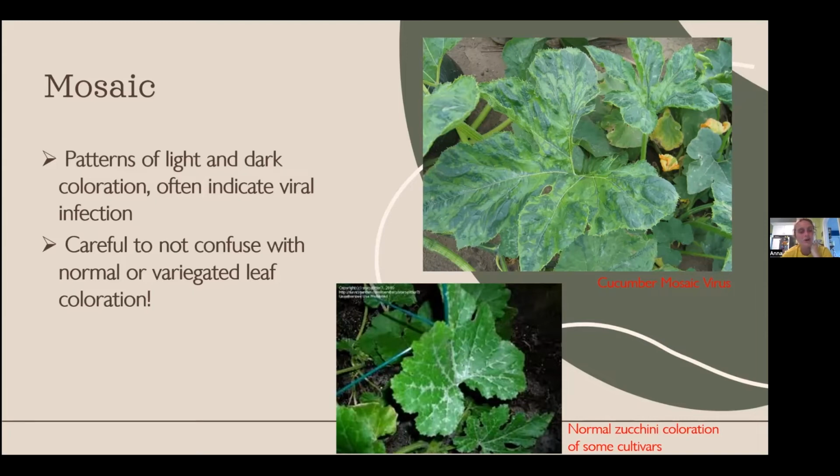That's just the normal coloration for zucchini. So that's nothing to be concerned about. That's a nice big healthy leaf there down in the bottom. But if I were growing zucchini and it started showing up with this sort of mottling or mosaic coloration, and I know it's not a cultivar that typically makes that normal coloration shown below, then I might investigate.